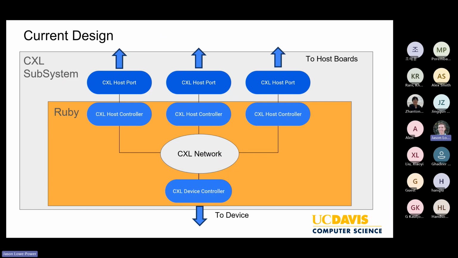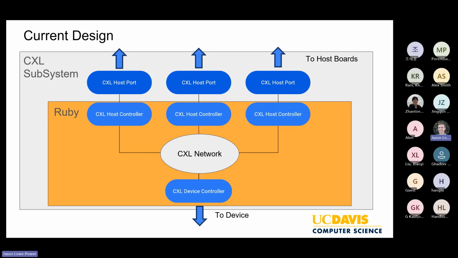Cool. So let's talk a little bit more about this subsystem, a little bit more on the meat of it. To do this CXL subsystem, we have implemented a new SLICC protocol alongside a few new Ruby memory controller objects. So here's a figure showing how that works today.